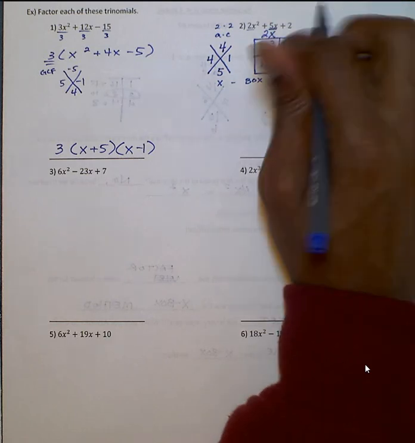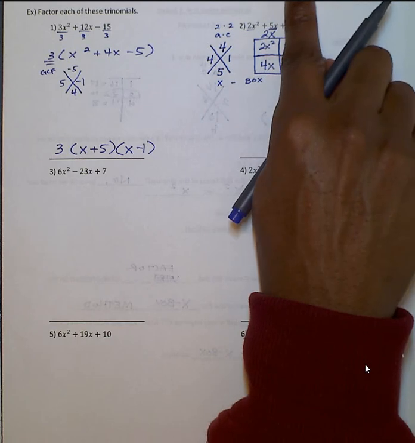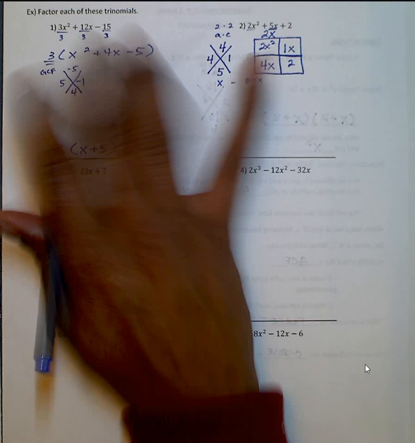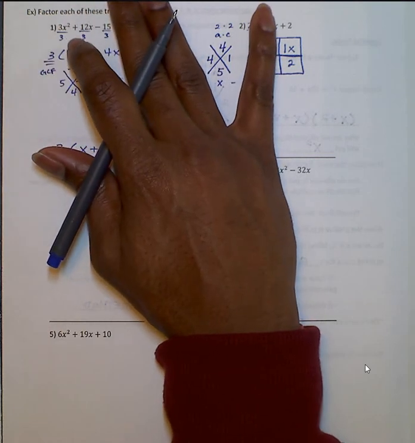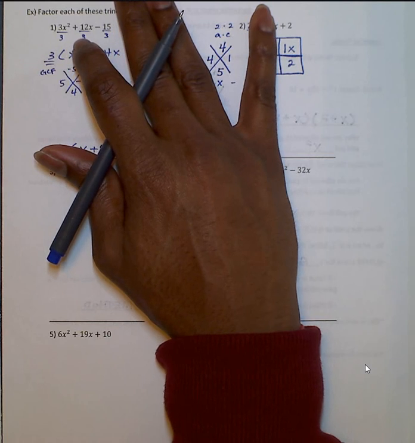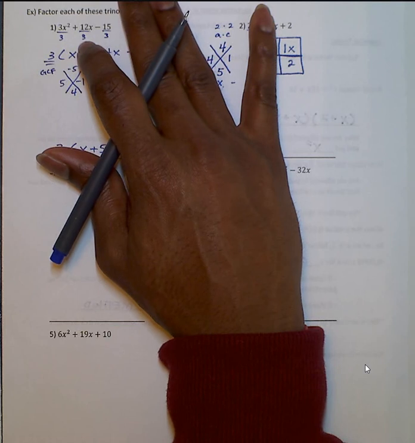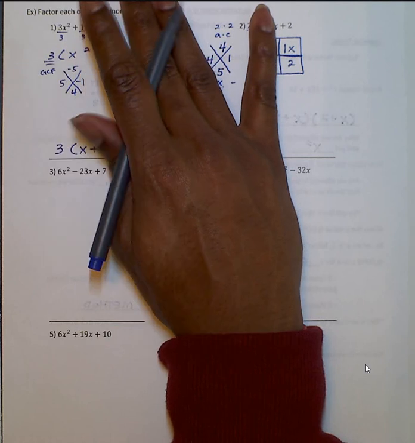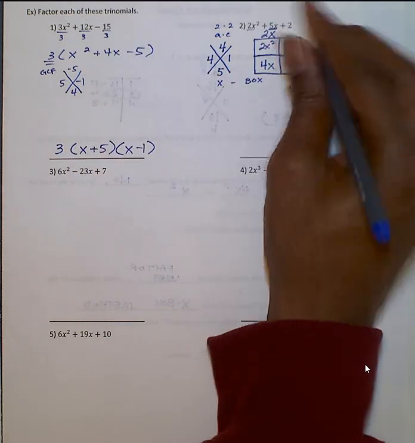So I took out the GCF of 2x from this row, or column. I'm going to do the same thing with the next column. I have 1x and 2. Okay, the important thing is that if there is no GCF, if there's no number that you say, oh, I can take out of both of them, remember that there's always a number, and that number is 1. 1 multiplies into 1x, 1 multiplies into 2.